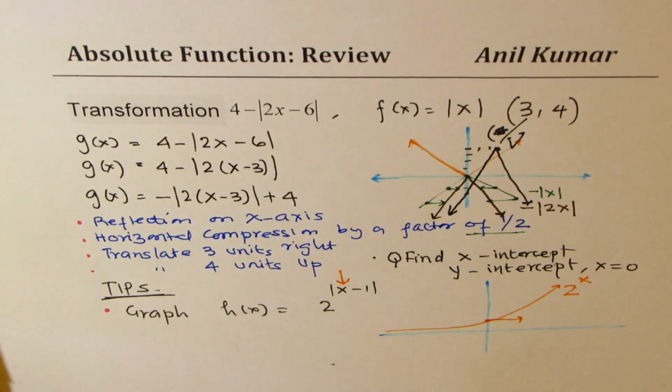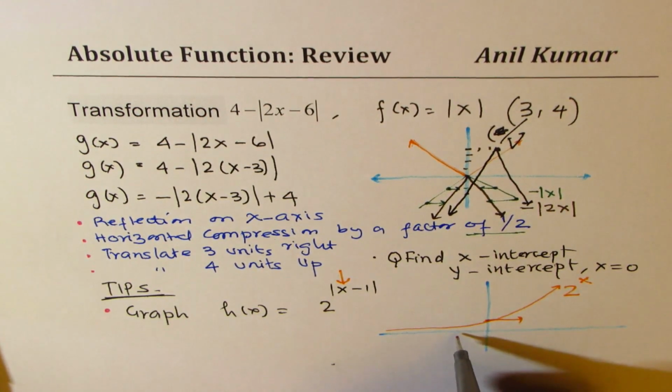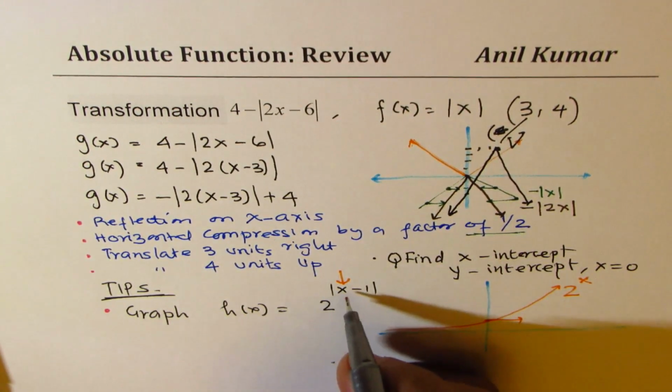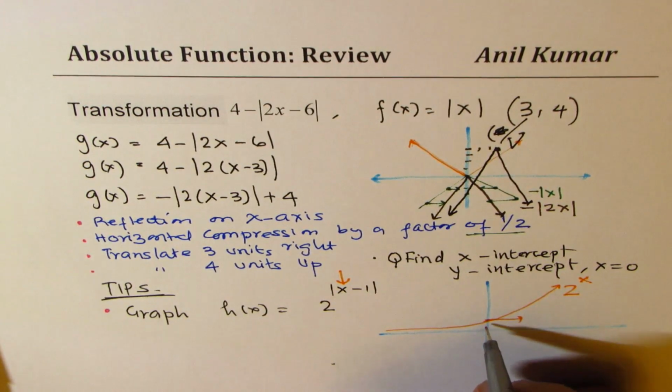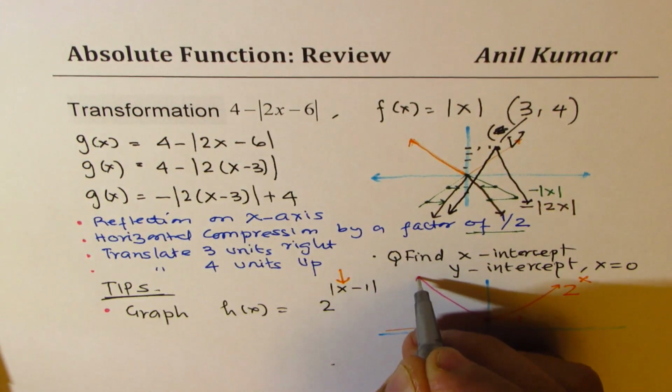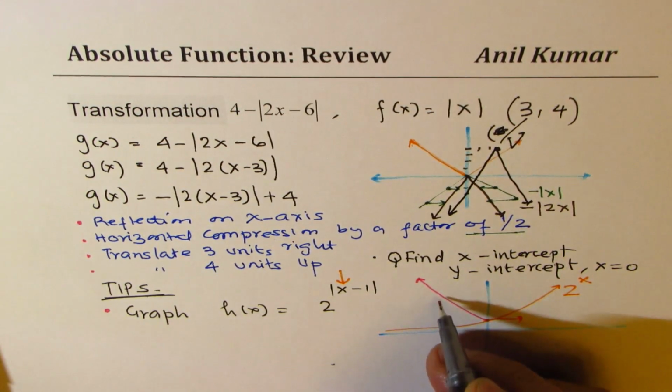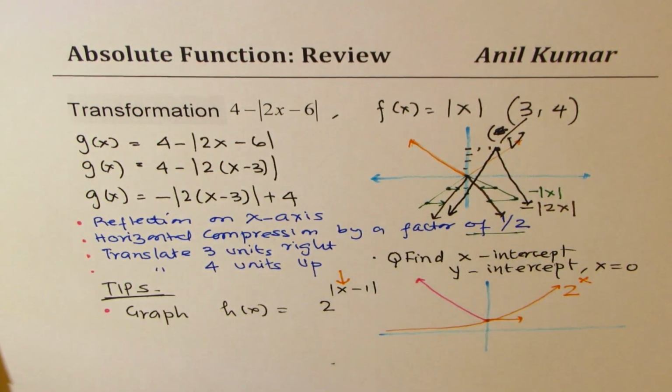Absolute means what? Absolute means that x values are always positive, right? So even if I write the negative values, for minus 1, it is going to be 1, right? Minus, it'll give me positive value. So basically, it gets reflected. Do you see that? So here, all these negative values will give you a positive result for absolute x.